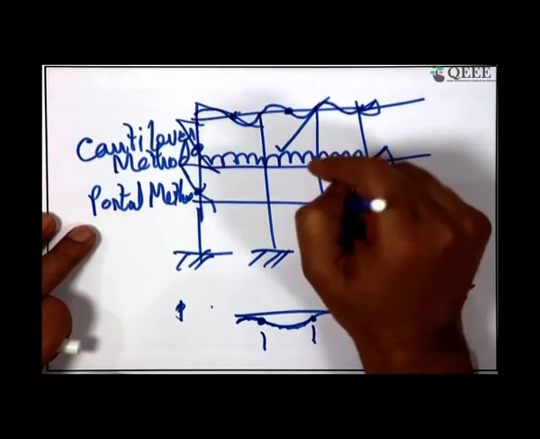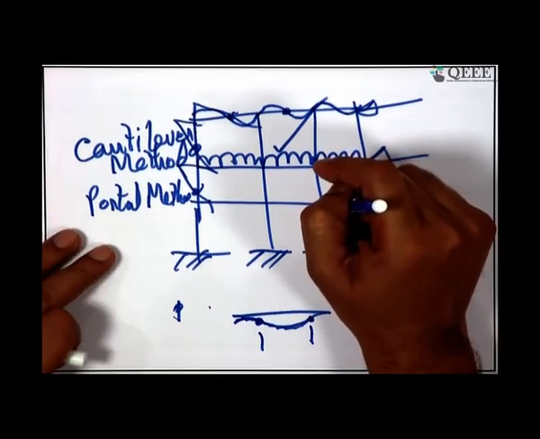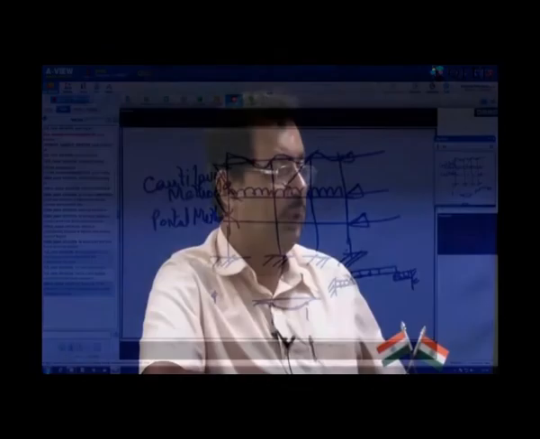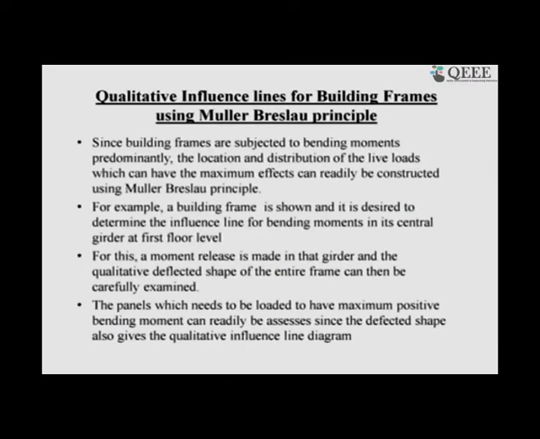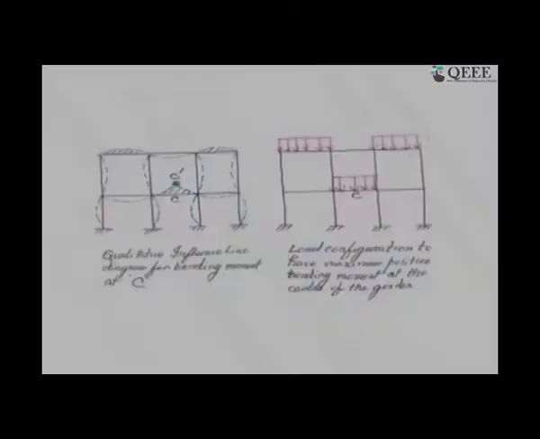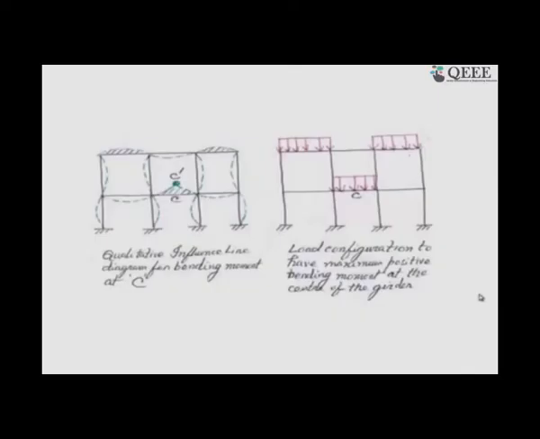If this is your question, I believe I have answered that. But what I have drawn, if you go to my slide, can I see the old slides? Yes. I talked about the application of the Mueller-Breslau principle to draw the influence line diagram, not the bending moment diagram, the influence line diagram for the bending moment at a particular section.